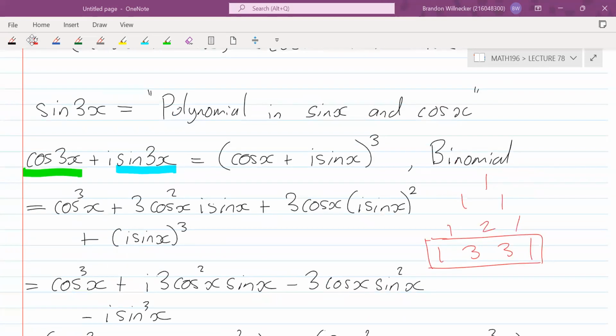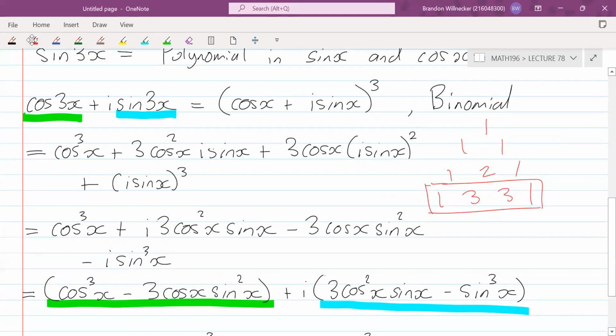All we need to do is remember this De Moivre's theorem, where the left-hand side is going to be cos nx plus r sine nx, for some value of n that's given. On the right-hand side, we've got the binomial, where the exponent is n. Again, that's given. So we expand out the binomial, and we look at the real and imaginary parts. We group that together.